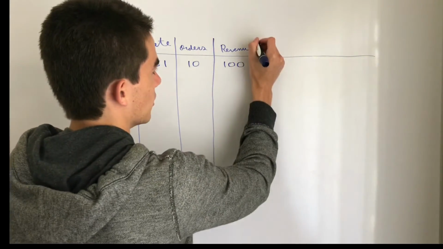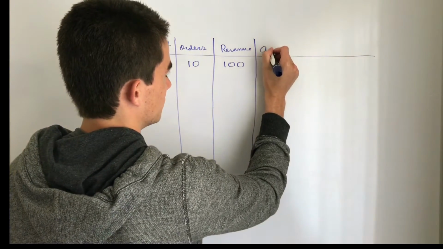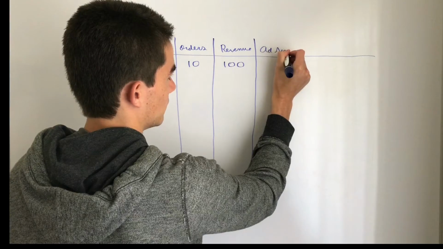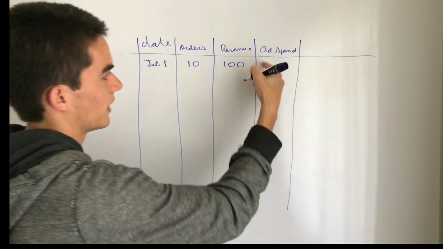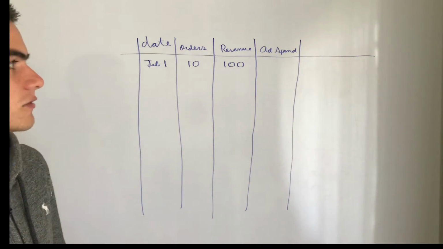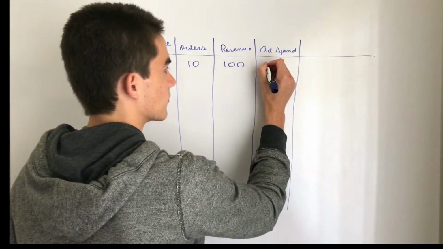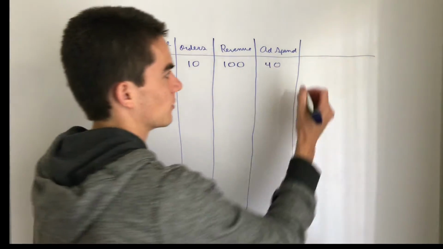Now the next column is gonna be ad spend. Ad spend is how much I spent on advertising. So let's say I spent $40.